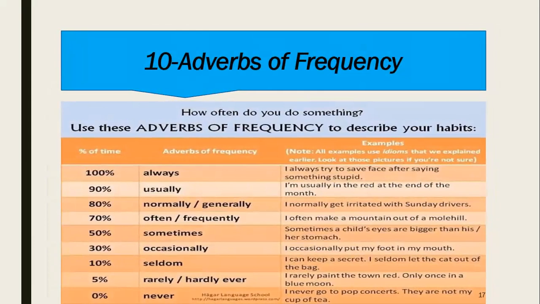The next is a very important idea about the present simple tense. That is the adverbs of frequency. What do we mean by adverbs of frequency? The word frequency means constancy of a verb, the repetition of a verb in a given time or a span of time. How many times is the verb repeated?